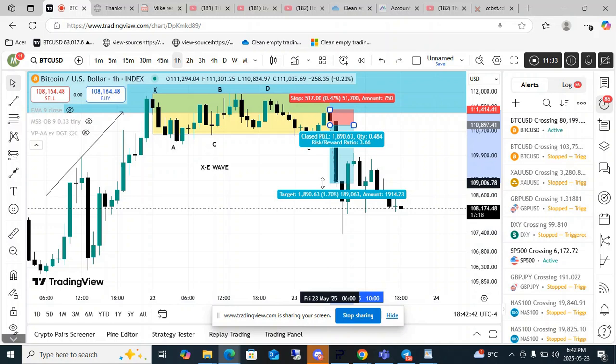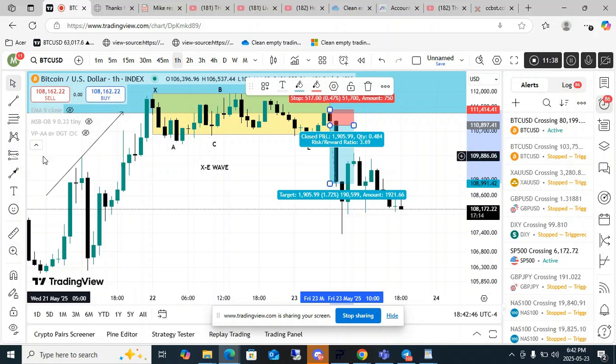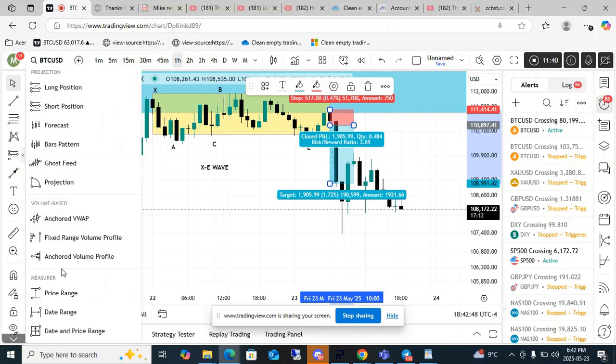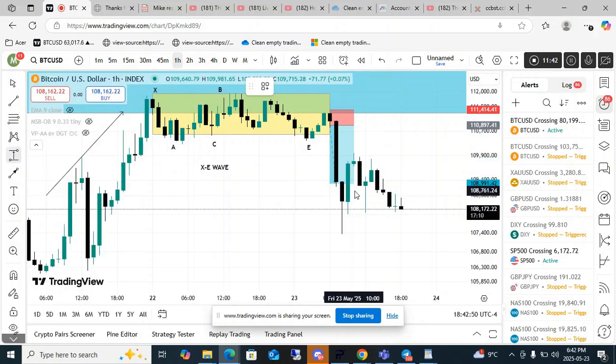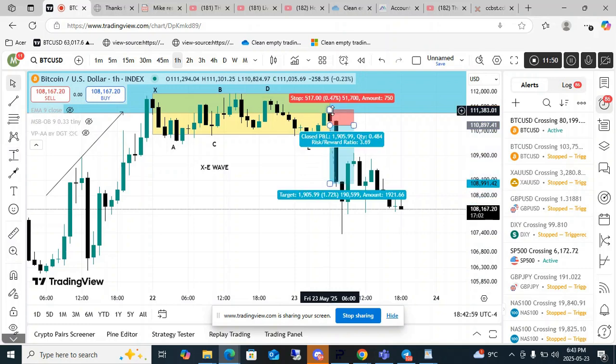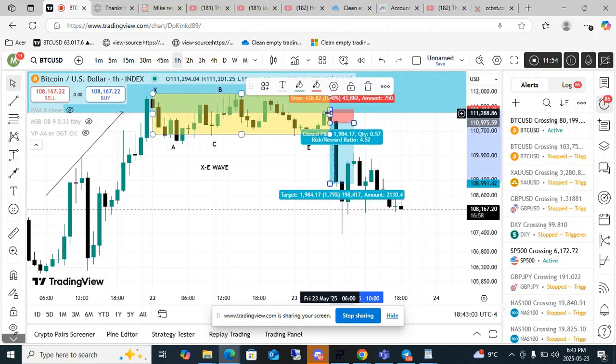So how many pips is this? This is almost like 294 pips. All right, so this is where I enter the trade.